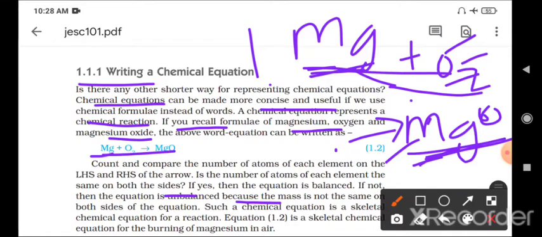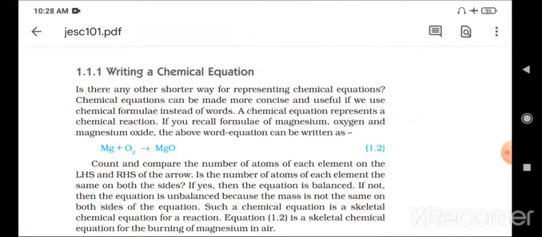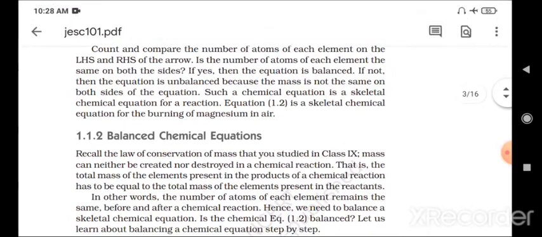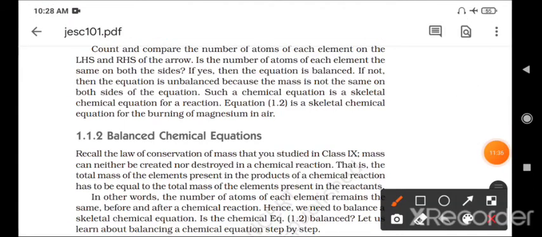What is an unbalanced chemical equation? It means the total number of atoms on the left hand side or reactant side is not equal to the total atoms present on the product side. Such a chemical equation is called a skeletal chemical equation. If not, then the equation is unbalanced because the mass is not the same on both sides of the equation.